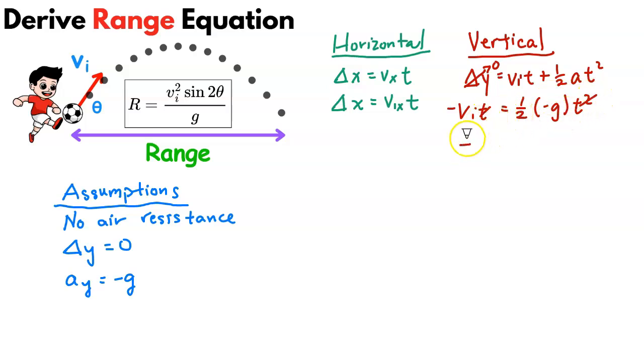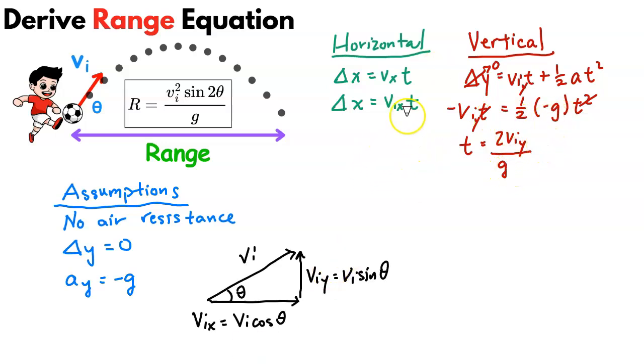That leaves me with t equal to 2 viy divided by g, and you'll notice the negative does cancel out. Now we want to connect this vix and this viy, so we're going to do a little trig here.